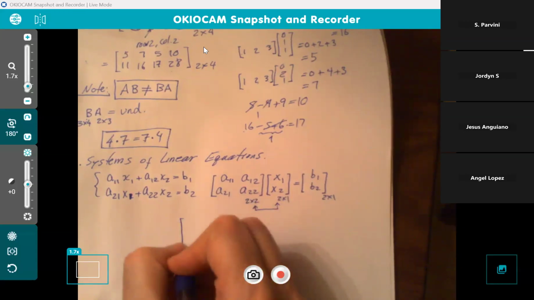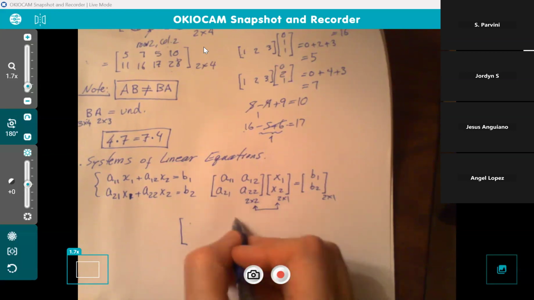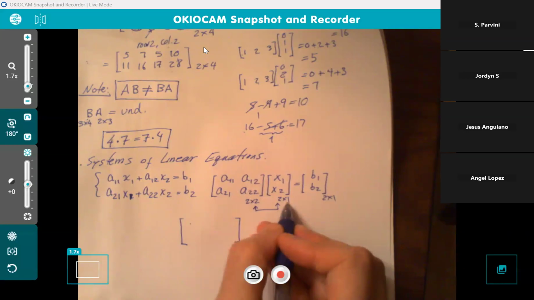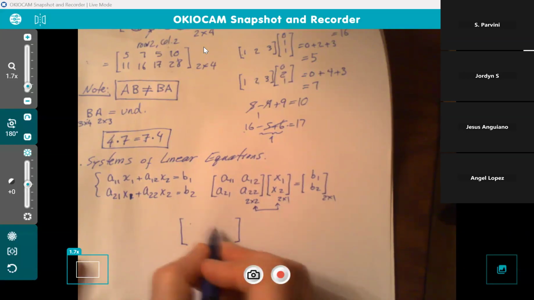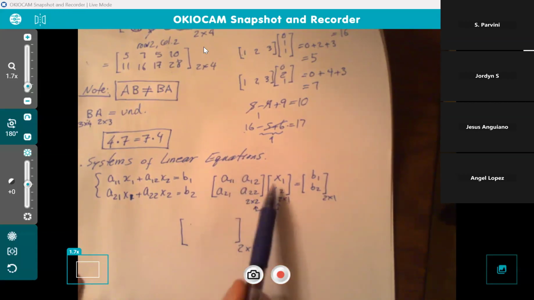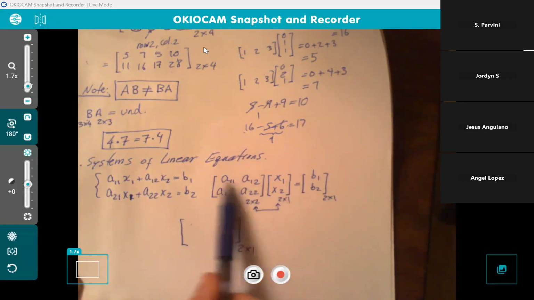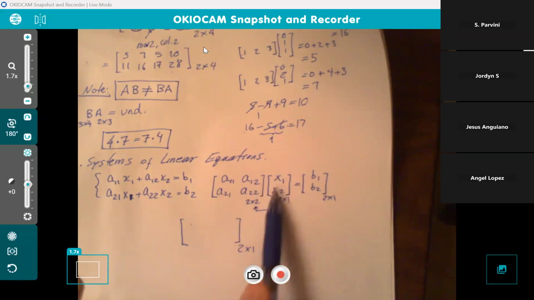Just to show you. Remember how the multiplication goes? This element is in the first row, first column. So I'm going to do a first row by first column.